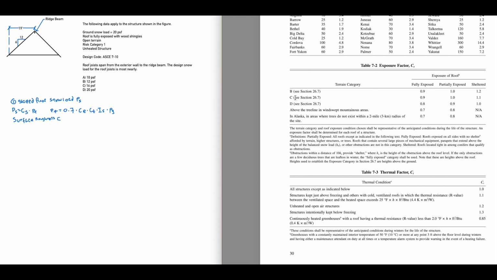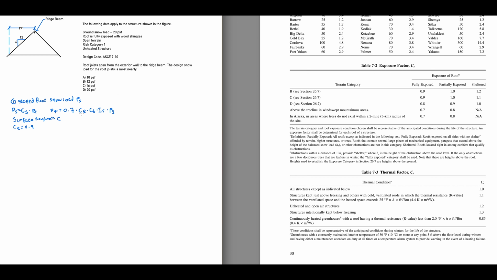We have terrain category C. And then what is the exposure of the roof? Well, the problem statement says that the roof is fully exposed. So for terrain category C and a fully exposed roof, we know that CE is equal to 0.9. Okay, so let's write that down in our little scratch pad here. CE equals 0.9.